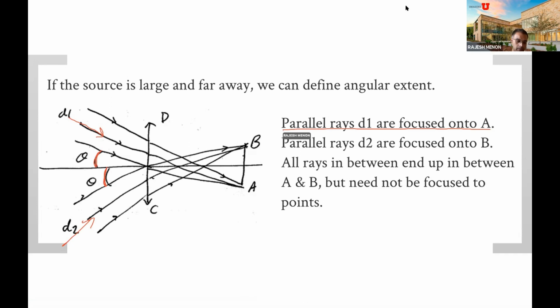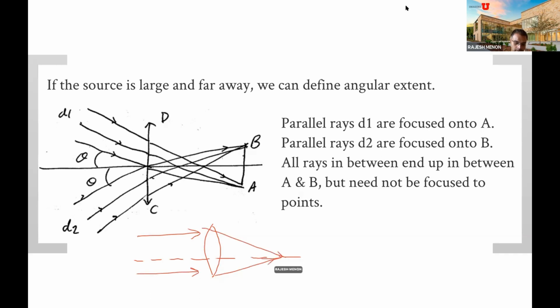So if we think about this as a lens, I'm going to redraw this a little bit. I should have drawn this a little bit better. I'm going to draw this with the lens actually, since you're familiar with it. If I take parallel rays coming on axis like that, we know the lens will focus at a distance equal to a focal length. Now I'm going to draw off-axis rays, which I believe you've also seen.